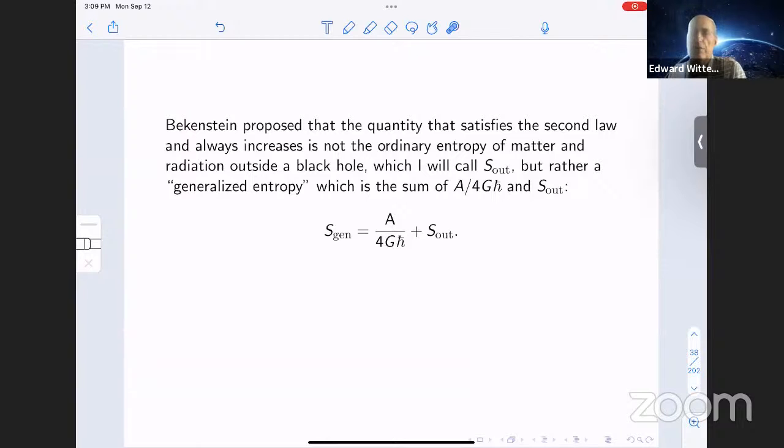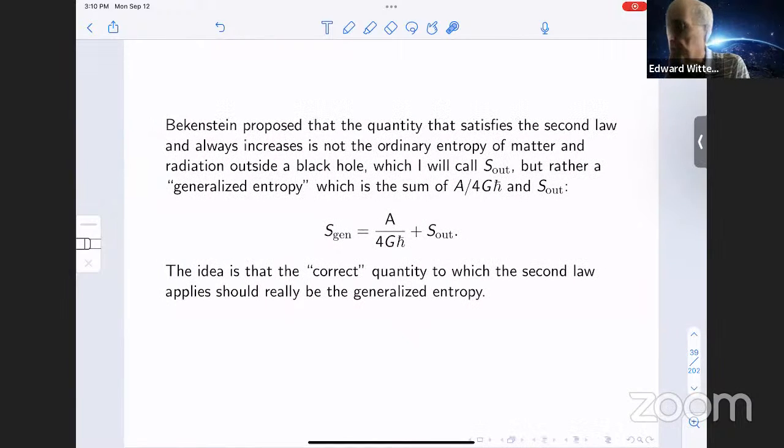Bekenstein's proposal was that the quantity that satisfies the second law and always increases is not the ordinary entropy of matter and radiation outside a black hole, which I'll call S out, but rather a generalized entropy, which I'm here calling S gen, which is the sum of the ordinary entropy outside the black hole plus the area of the black hole over 4G h bar.